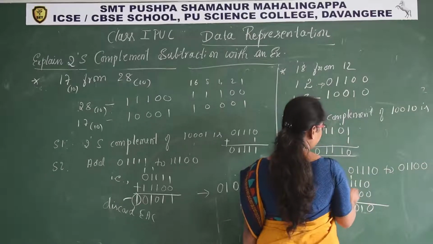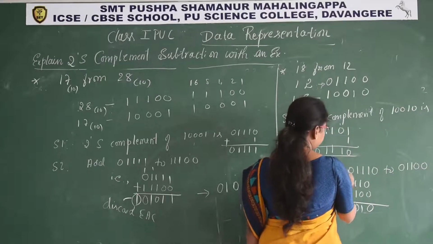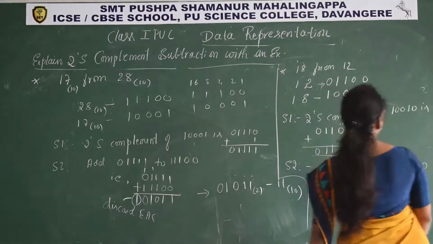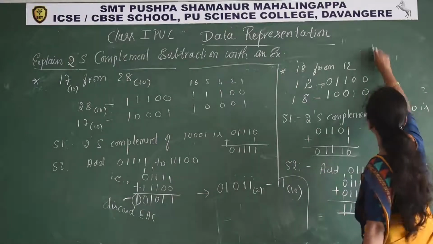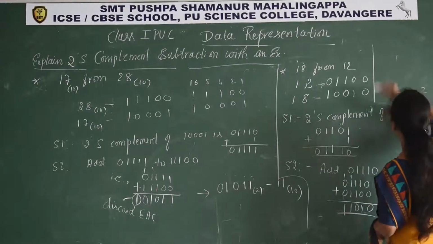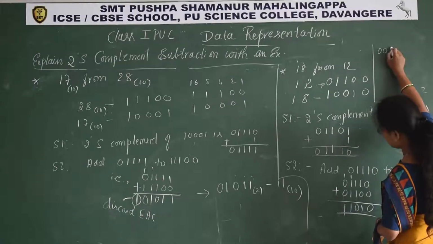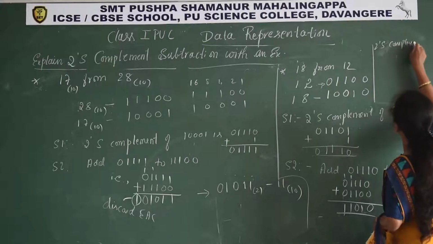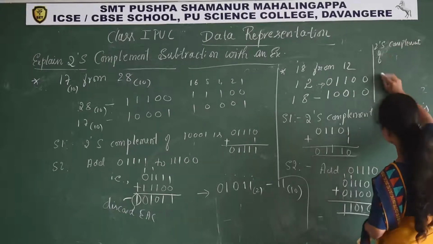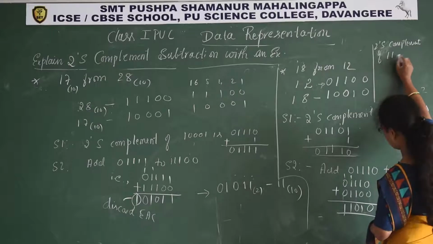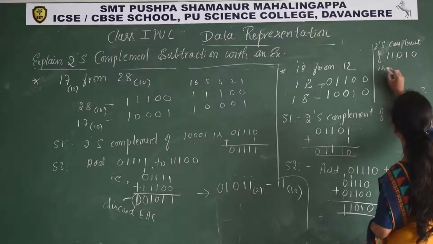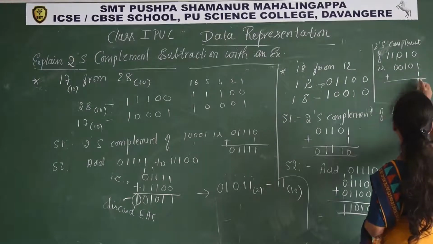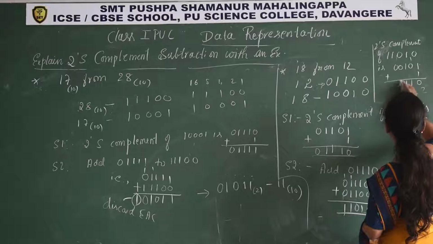There is no end around carry, so we have to take the 2's complement of the result. 2's complement of 1, 1, 0, 1, 0 is 0, 0, 1, 0, 1 plus 1, that is 0, 0, 1, 1, 0.